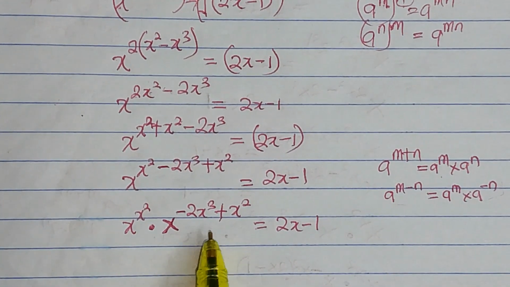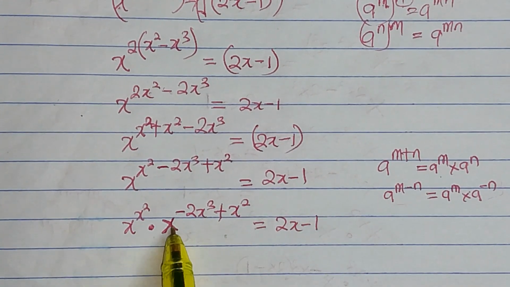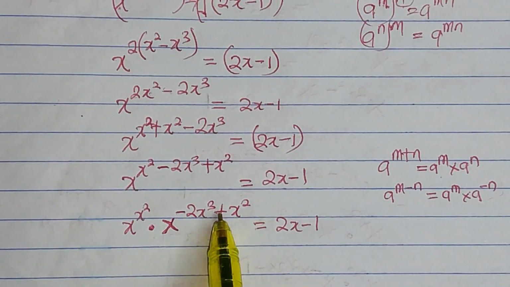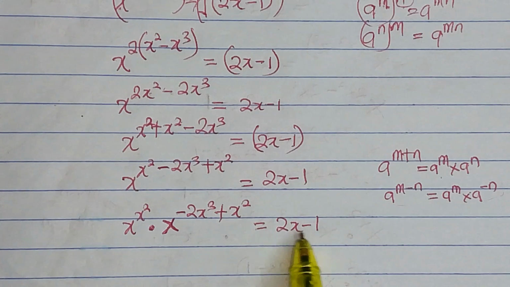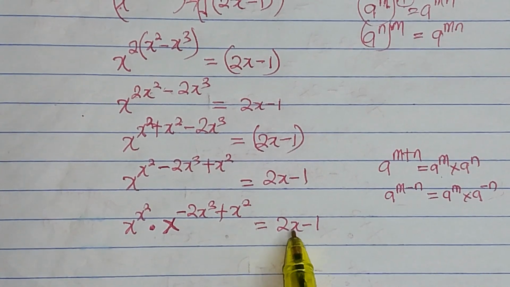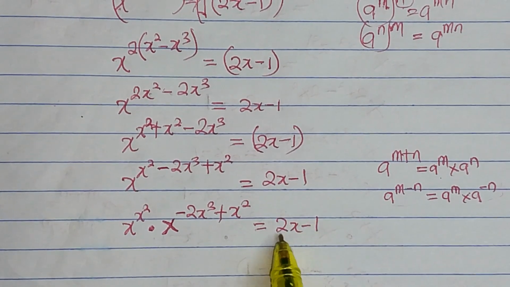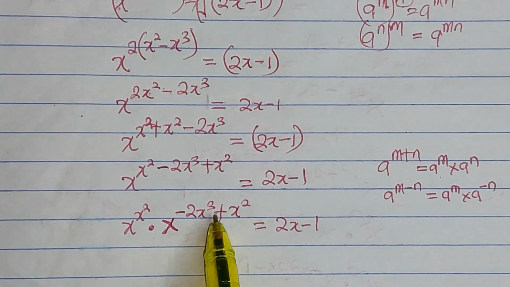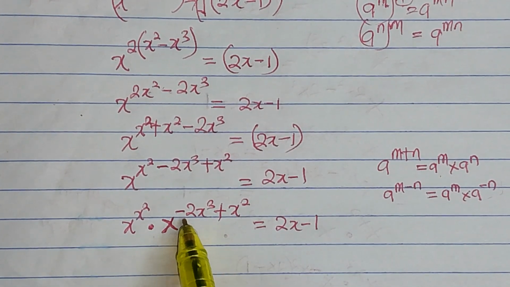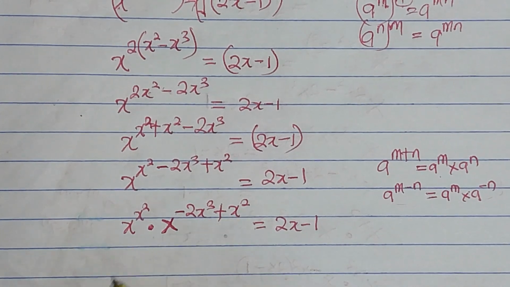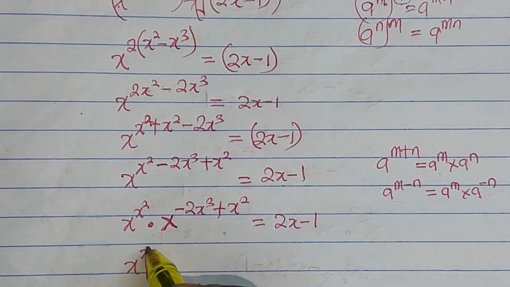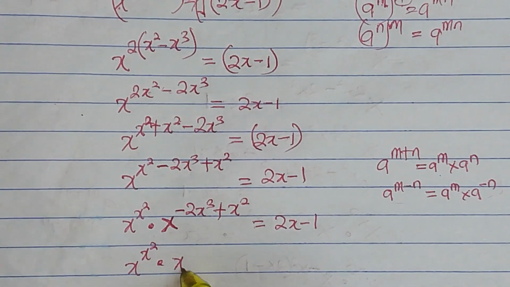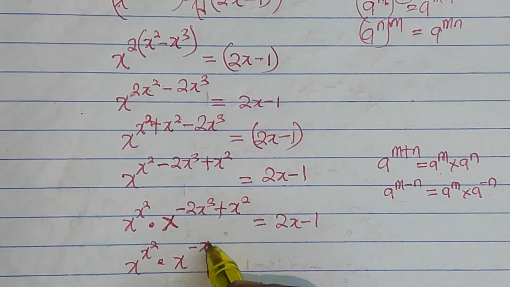So recall we said the exponent of x here, which is the whole of this, must be the same thing as 2x minus 1. That means we must have this in the exponent here. For us to do that, we are going to factor out minus x squared. So we are now having x to the power of x squared all multiplied by x to the power of minus x squared times 2x minus 1.